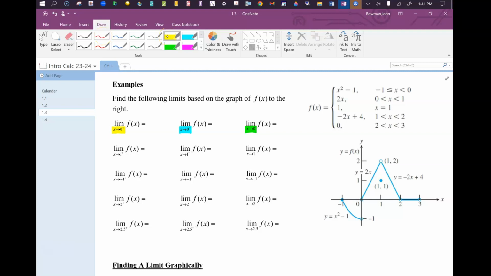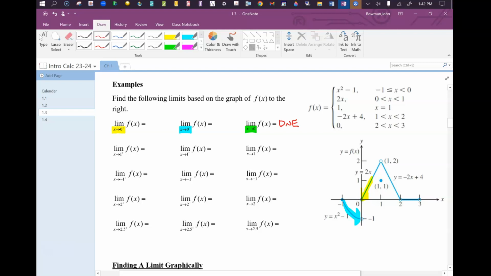So as x approaches 0 from the positive direction, y is approaching 0. As x approaches 0 from the left-hand side, y is approaching -1. And therefore, since the left and right limits are not equal, then this limit as x approaches 0 does not exist, even though the left and right limits do exist.